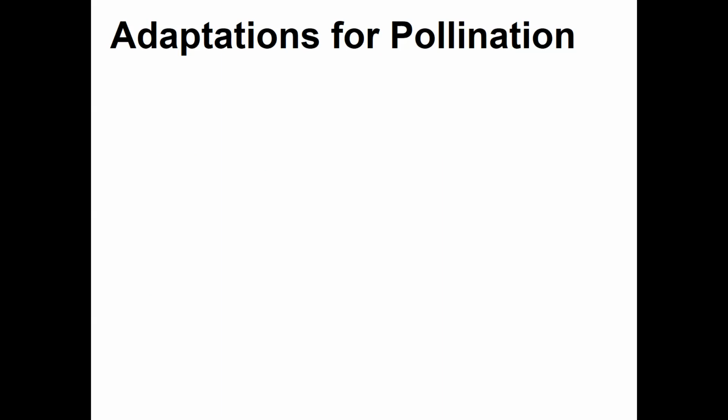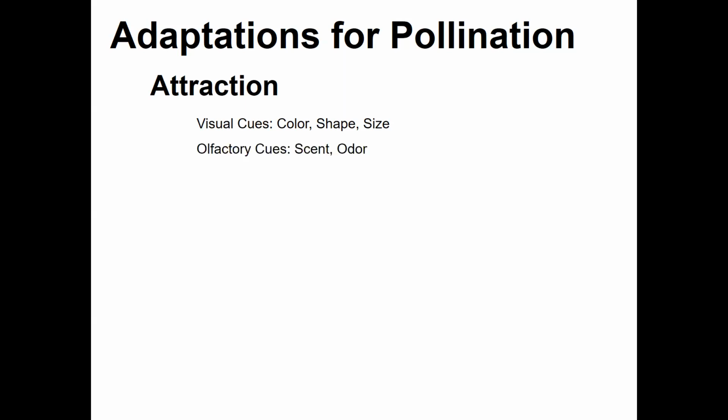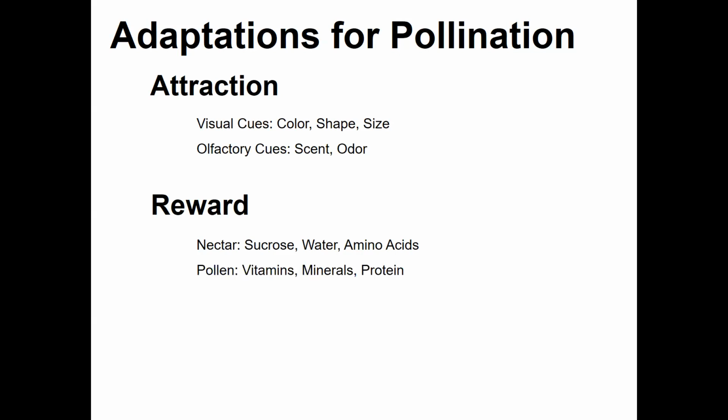Adaptation for pollination. Attraction: visual cues like color, shape, and size. That means flower architecture is very crucial for attracting the particular insect for pollination. Olfactory cues: scent, odor. And rewards like nectar, sucrose, water, amino acids, and other nutritional substances in the nectar.